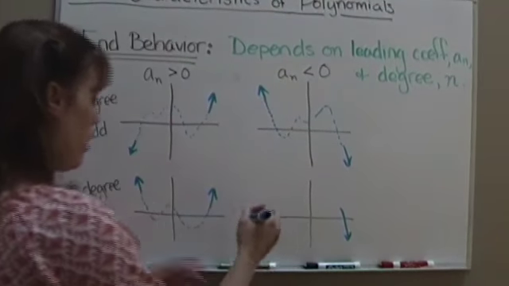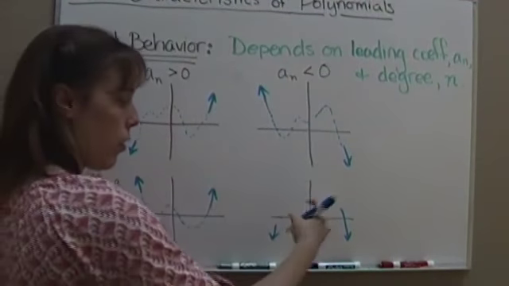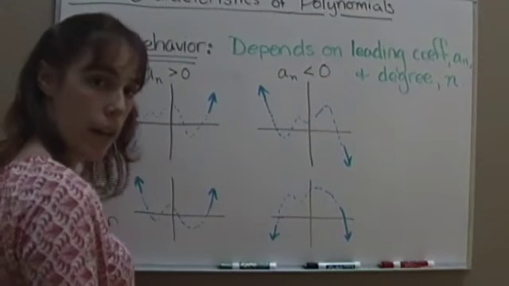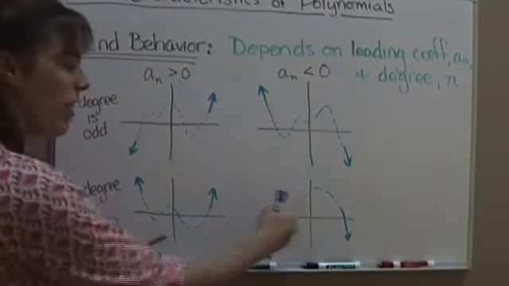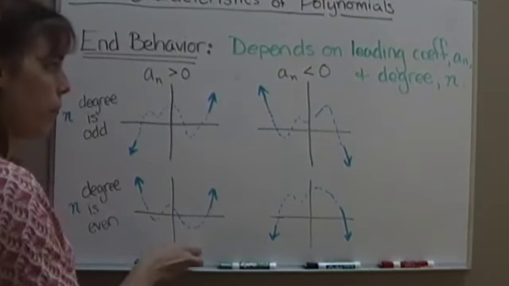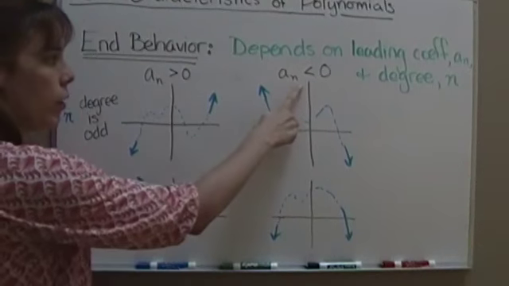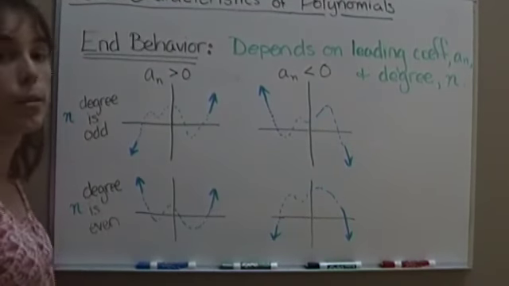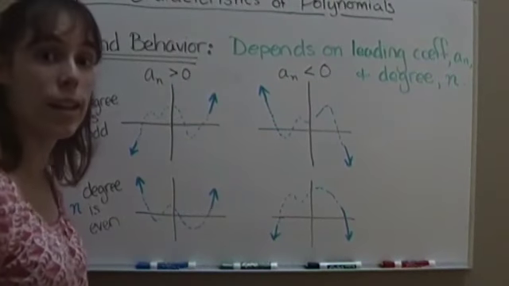If that degree is even and the leading coefficient is negative, both of the ends go down, okay? These happen to both look a lot like x to the fourth graphs. Again, we'll talk about that in a bit, okay? So this is the leading coefficient, and this is the degree. And that's going to tell you end behavior, even if you don't know anything else.